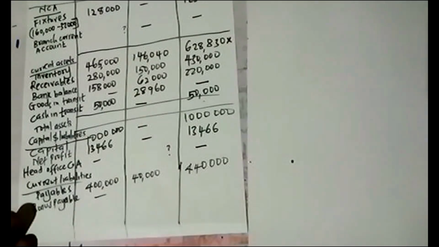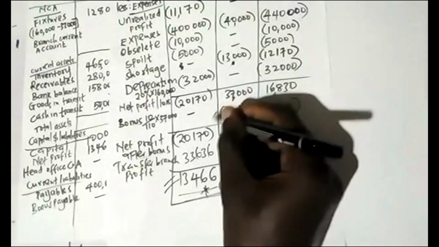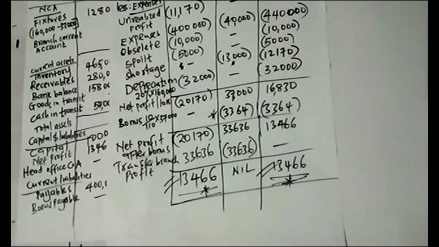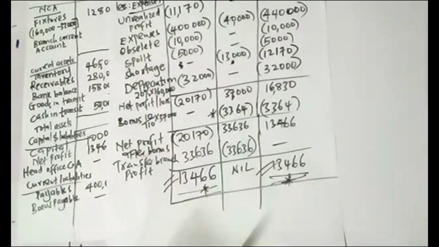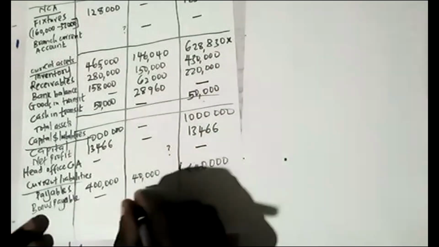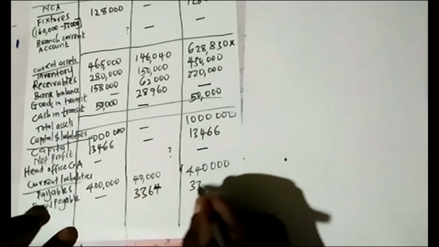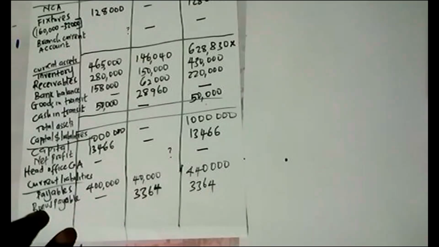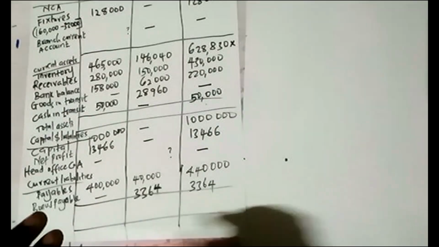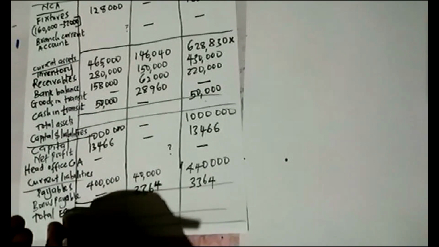Remember we did this and we got the bonus was 10%, and we got 33.64. And that is fine. Up to that point, I think I'm done. So total equity and liabilities.